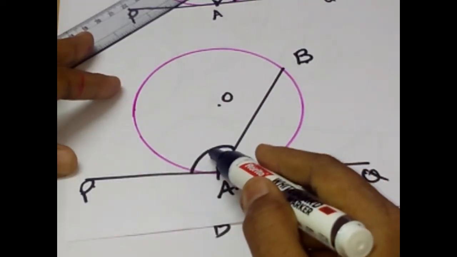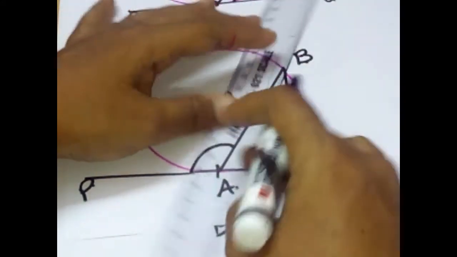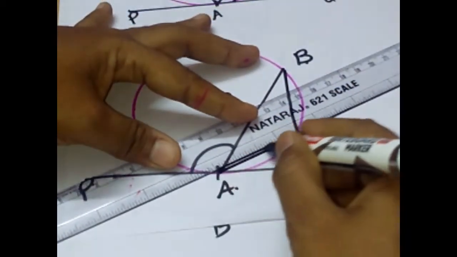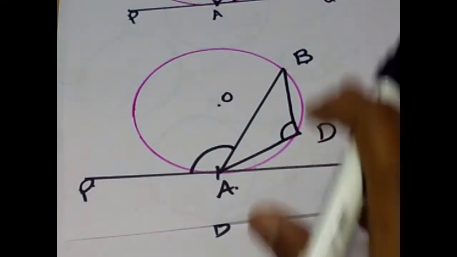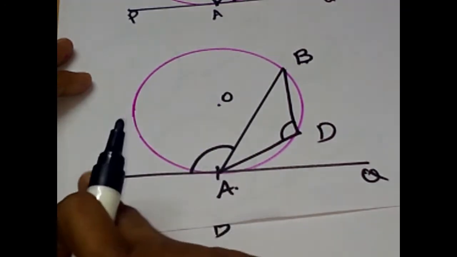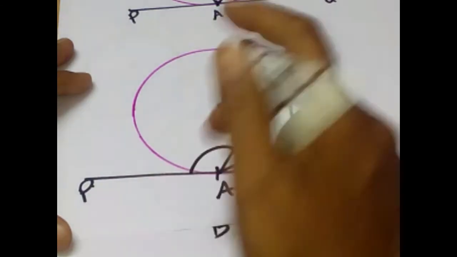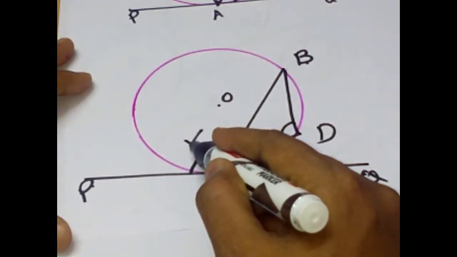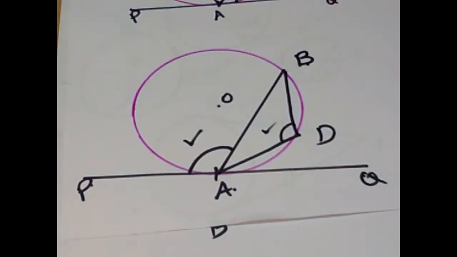This angle is equal to the other angle which is in the alternate segment, let us mark this angle as D. So in this second example, angle BAP is the angle between the tangent and a chord at the point of contact. This angle is equal to the angle formed in the alternate segment. This is a very important theorem which we need to remember while solving problems.